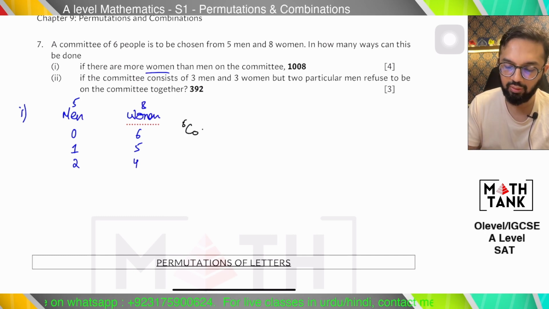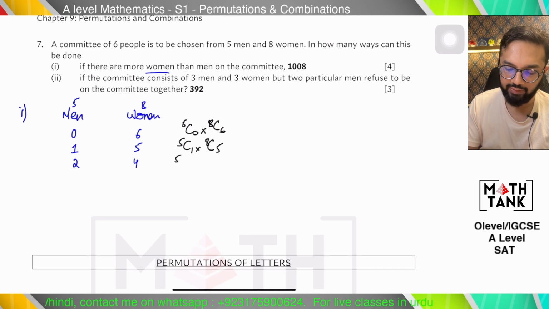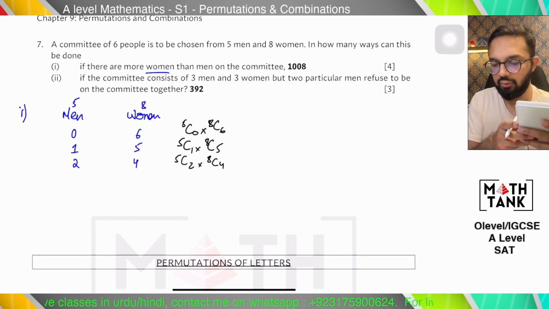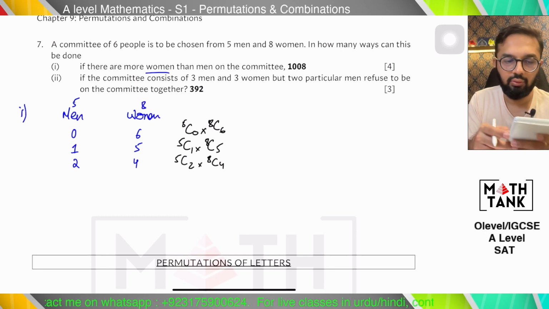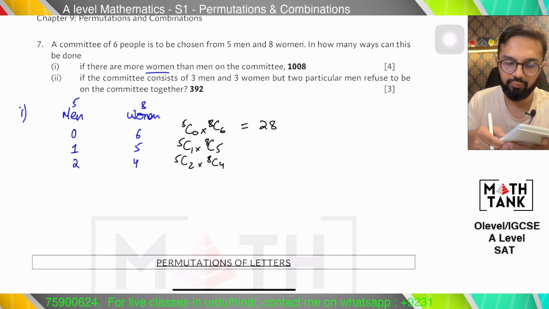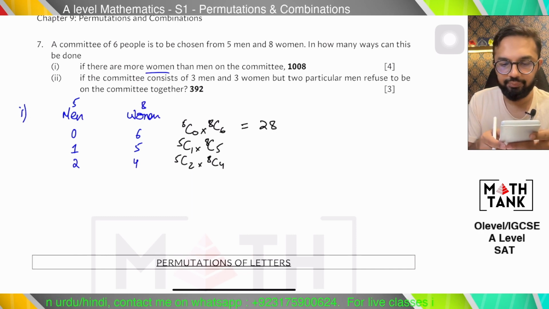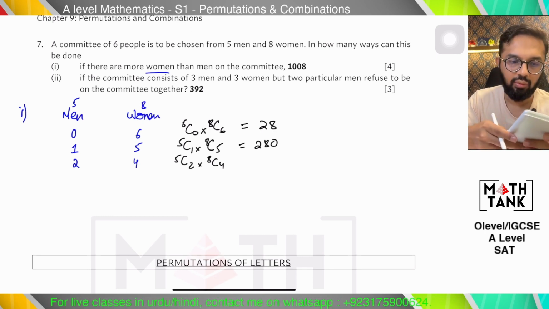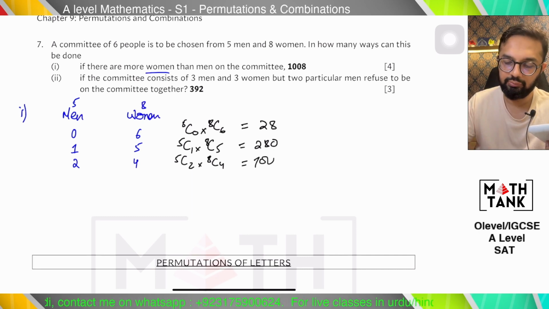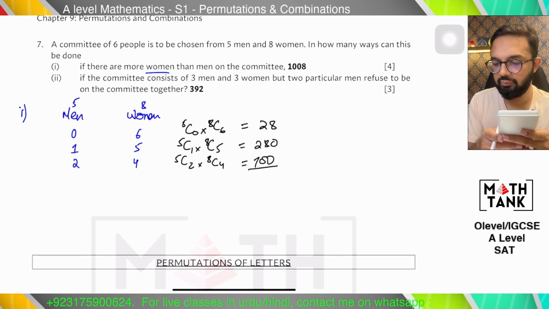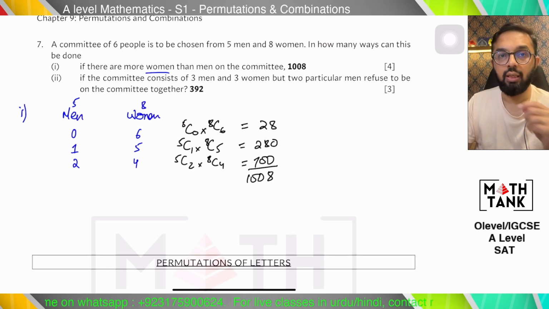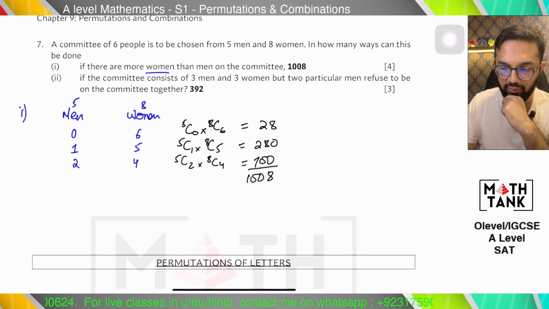So 5C0 into 8C6, 5C1 into 8C5, 5C2 into 8C4. 1008. Okay, so that's the total number.